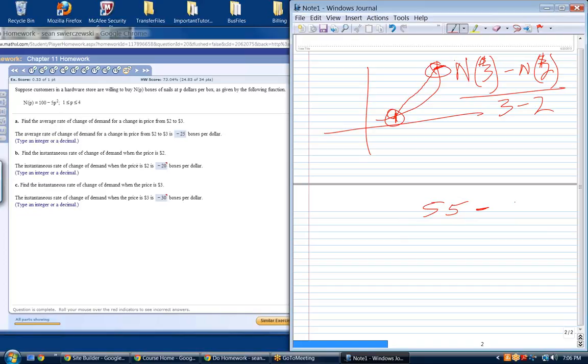So we know this is going to be a positive, so I really probably want to take the rate of change between n of 2 minus n of 3. So it's actually 80 minus 55 divided by 3 minus 2. So the average rate of change is 25.